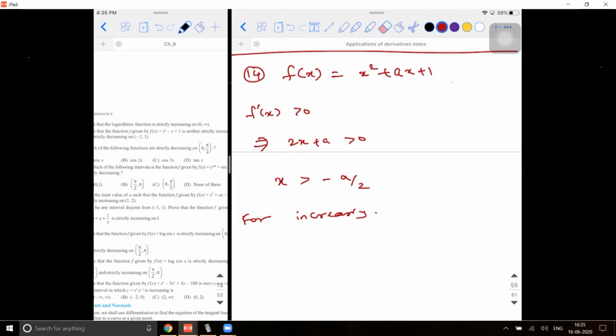See, listen, I'll solve it in a different way. X should be greater than 1, less than 2. So from this I can conclude minus x is less than a by 2. Right. So I'll put a minus 1 here. Minus 1 is greater than minus x is greater than minus 2.